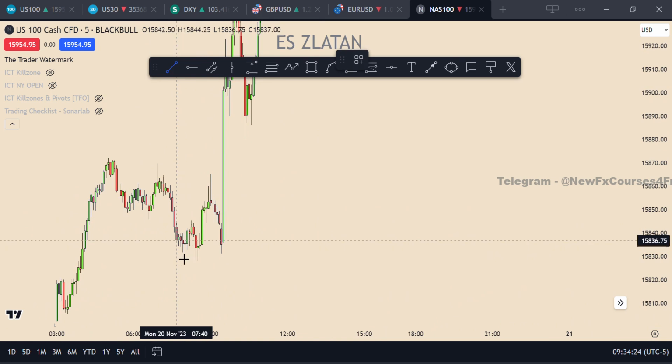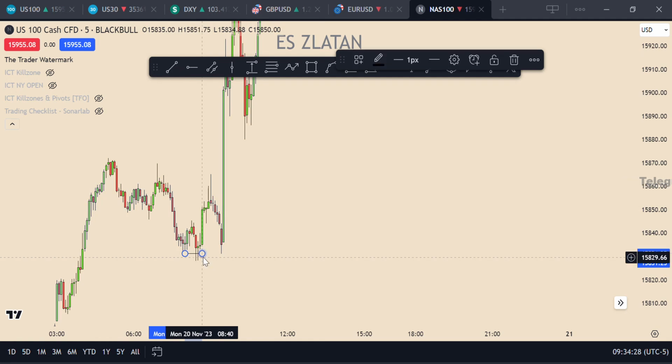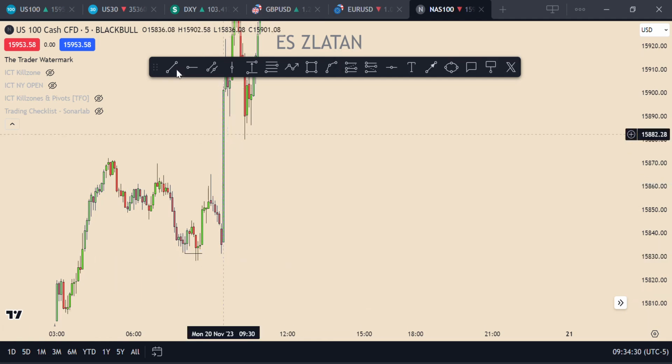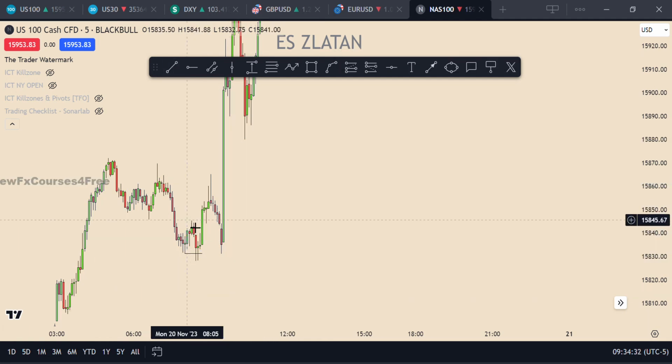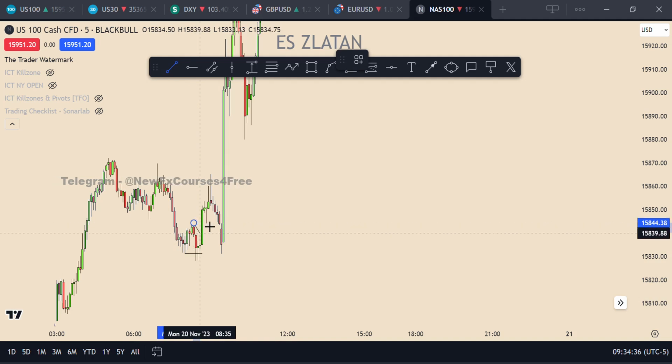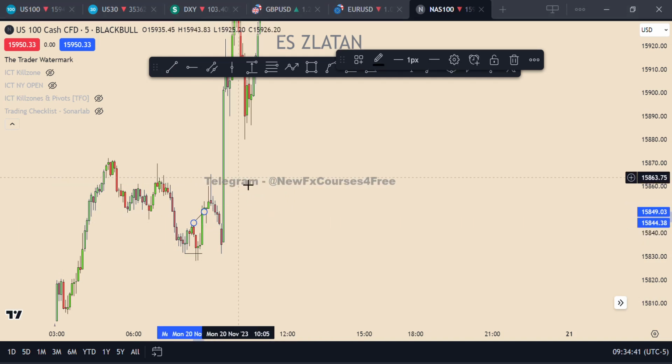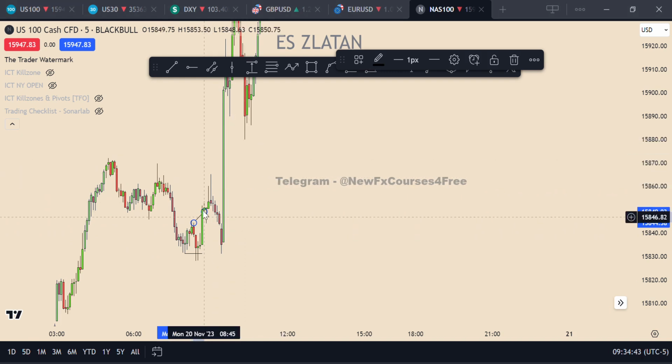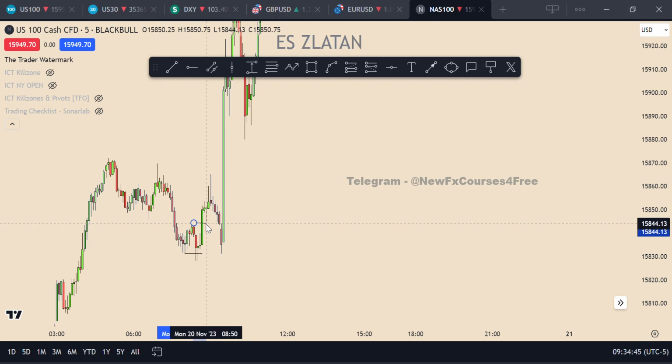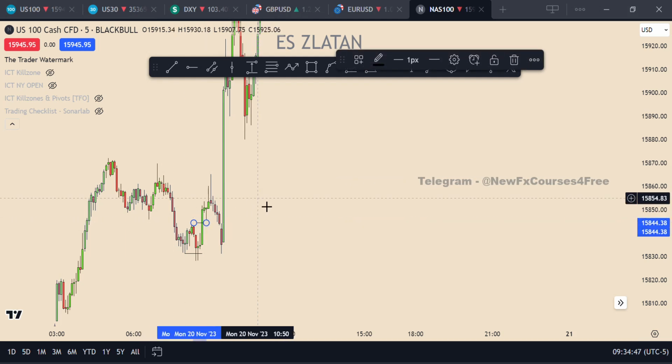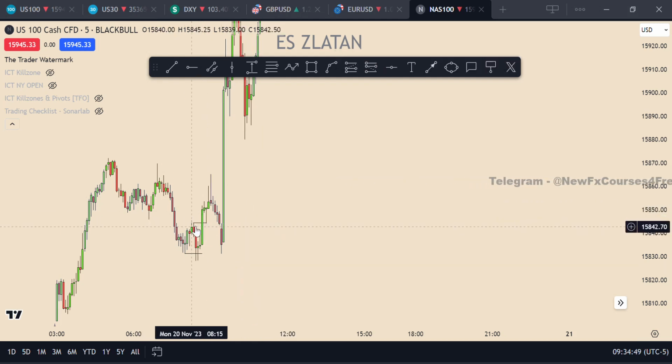We swept this low right here, dug out the liquidity, we break structure right here, we break the structure right here, and look at that inducement right there.